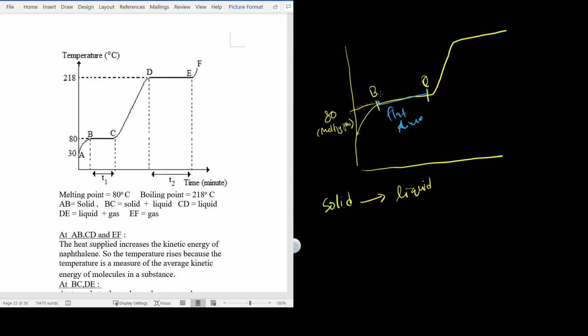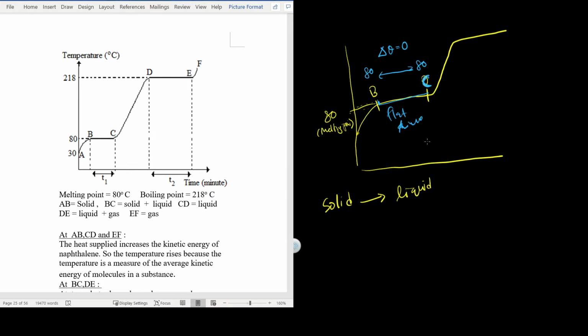At B the temperature is 80, at C the temperature is also 80. That means the temperature remains constant. There is no change in temperature during the process. So whenever you see this kind of horizontal line, you can find the melting point there.